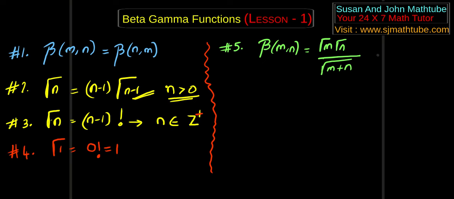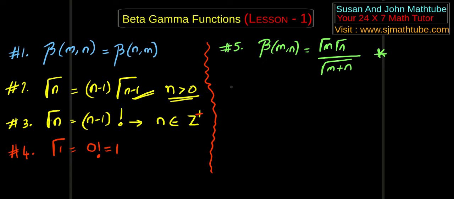If you are interested in the proof, please ask. But property wise, this is one of the most important properties because this connects the beta integral with the gamma integral. It's a transformation. It transforms beta integral into the gamma integral in a way.